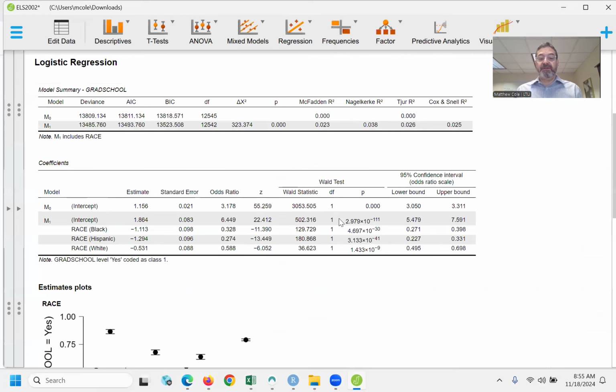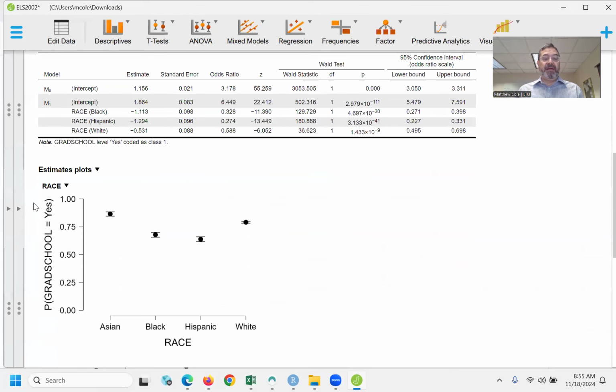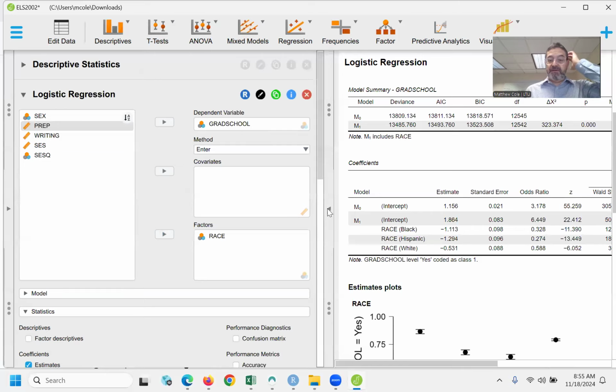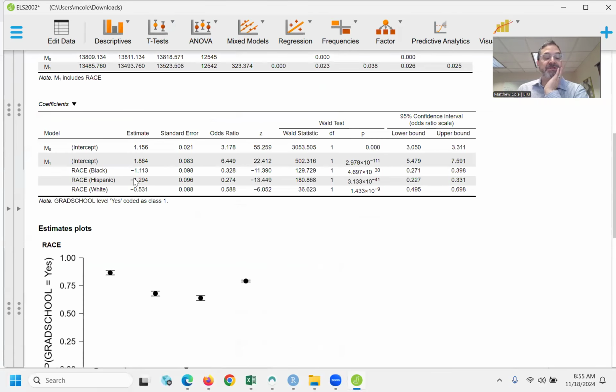All right. And again, to make it a little bit easier to interpret these, if you wanted to, you could adjust your image. We can leave this where it is now. And so what we're seeing is Asians is the intercept class, right? Asians have a 6.5 times more likelihood of attending graduate school than the other race categories.